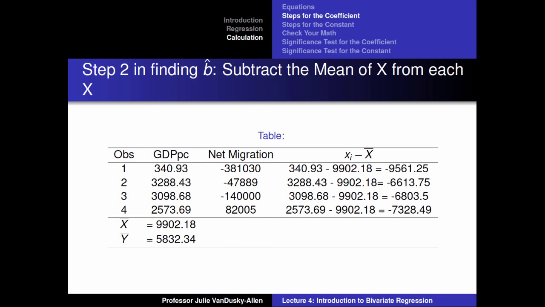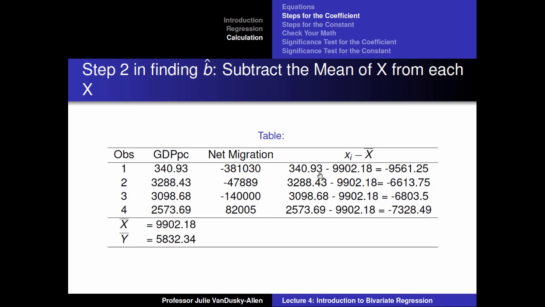The second step in finding b hat is subtracting the mean of the independent variable x from each individual x observation. In this case, this means you have to subtract the mean of GDP per capita, 9902.18, from the values of GDP per capita for each observation. So here we have a value of 340.93 for GDP per capita for observation 1.